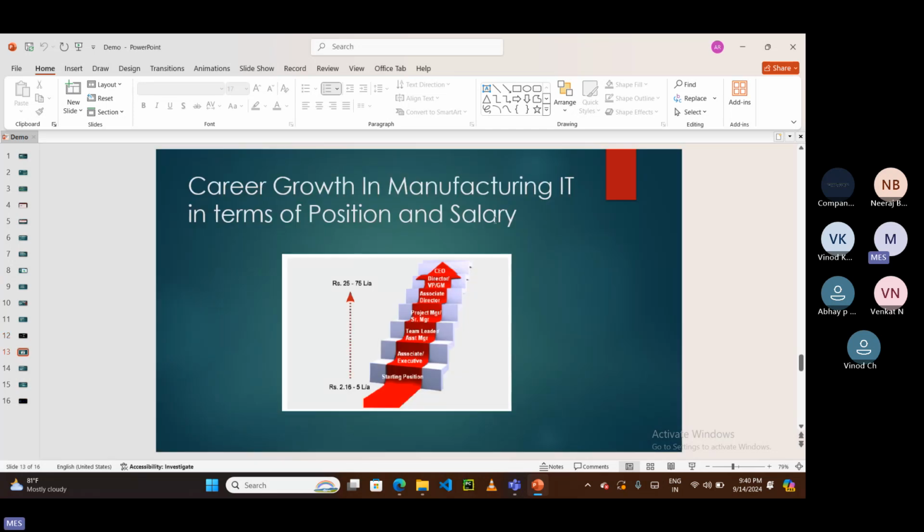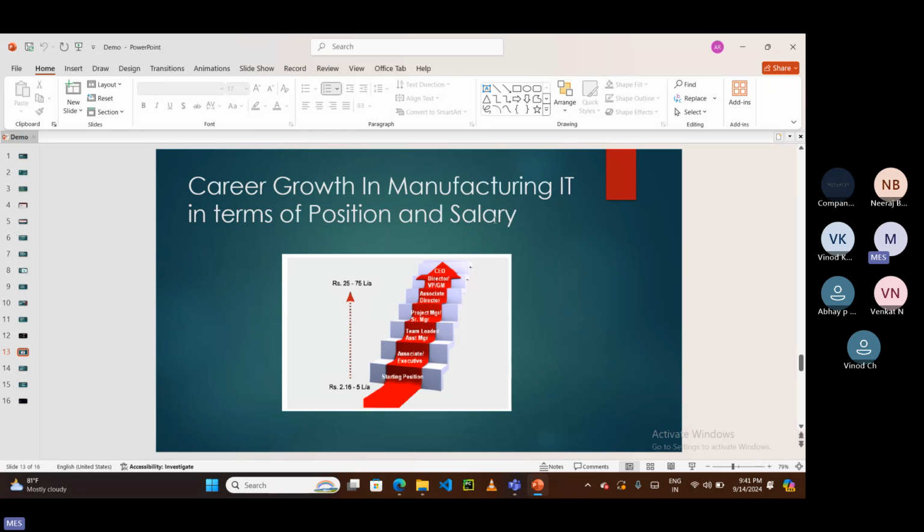So your initial salary would be very less, but you can reach up to, I cannot say, like 75 LPA. But suppose you are part of some XYZ IT company, and that IT company is providing service on automation. I've seen those companies who were working on automation, now they are working on process automation also.